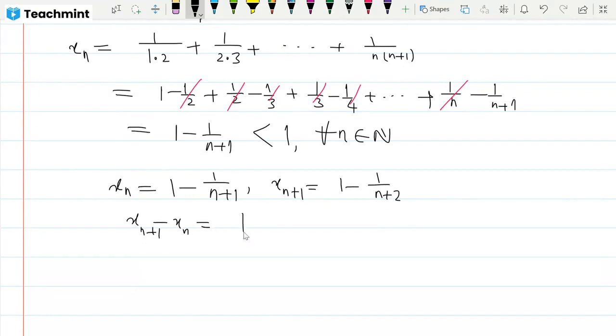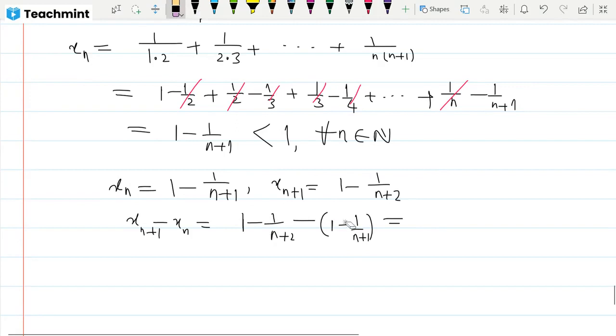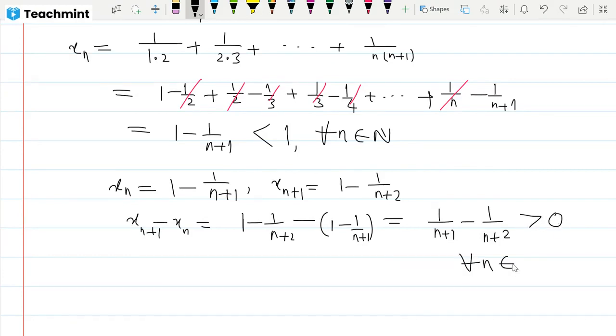So xn plus 1 minus xn is 1 minus 1 by n plus 2 minus 1 plus 1 by n plus 1. What does this difference come to? There is a minus sign here. So what is this difference? It is 1 by n plus 1 minus 1 by n plus 2. Is this positive or negative? Positive, sir. This is positive. This is true for all n belonging to N.